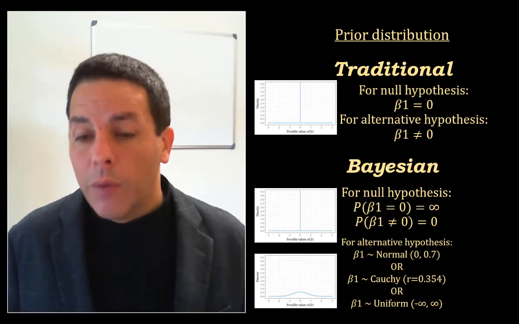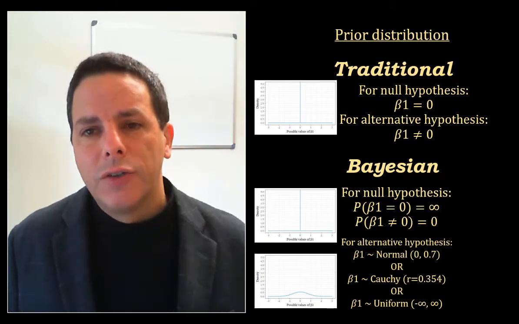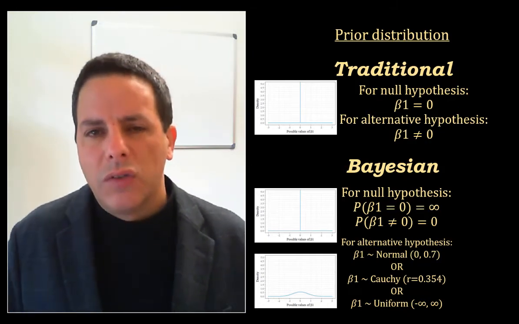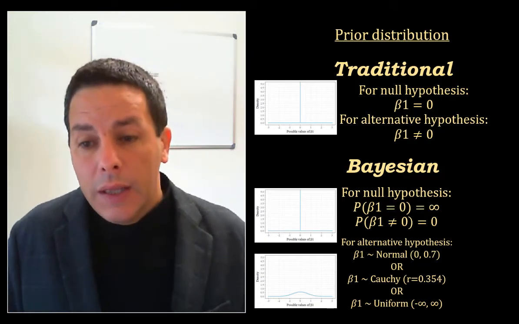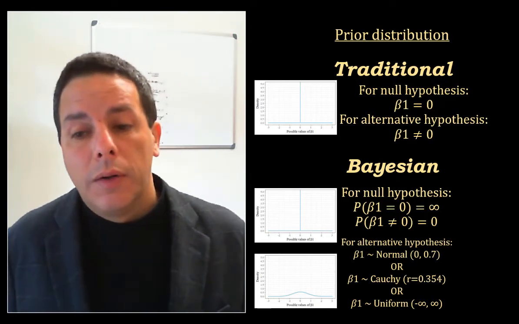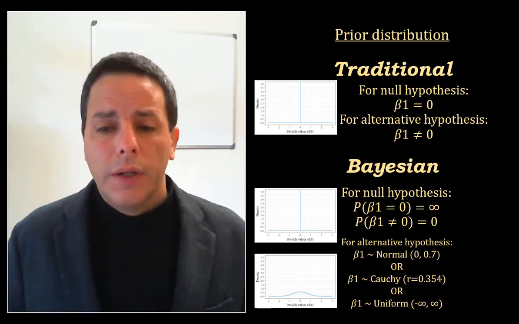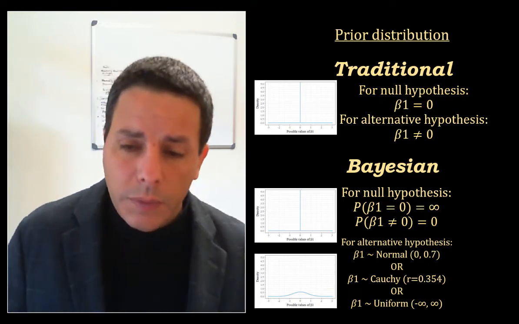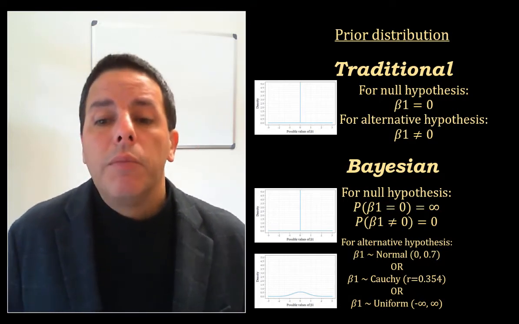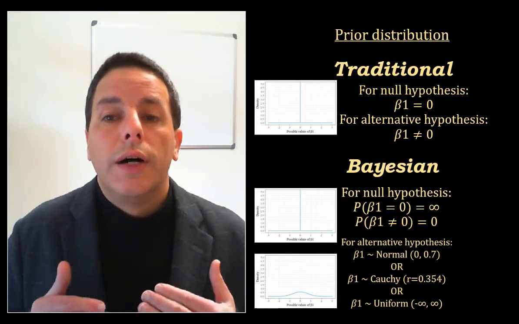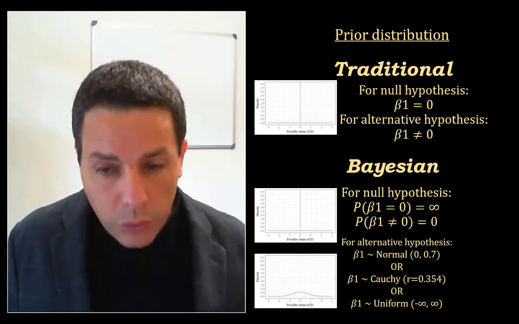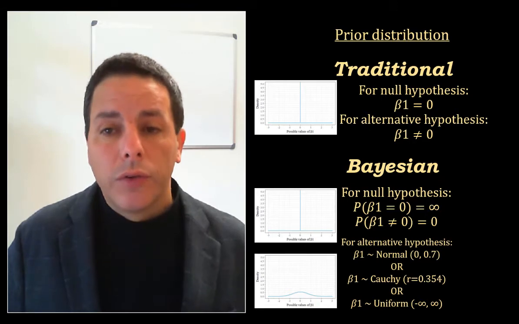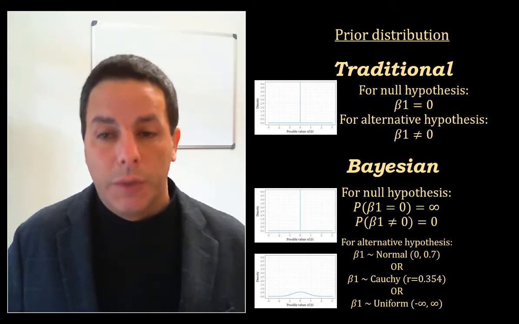Now, because of that attack by critics on the prior in the Bayesian approach, some Bayesian statisticians and researchers trying to develop the Bayesian approach came up with default priors which are uninformative.